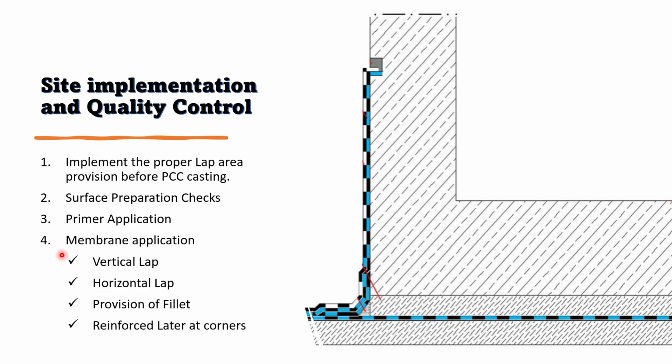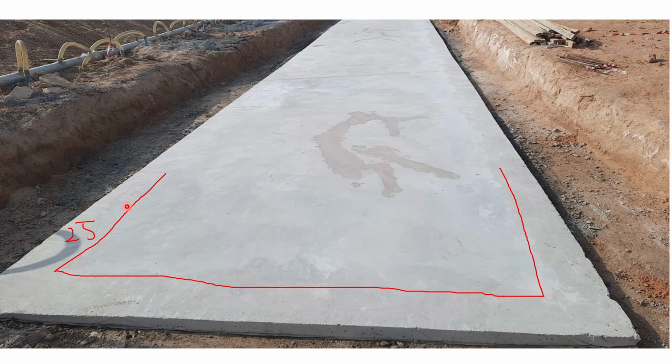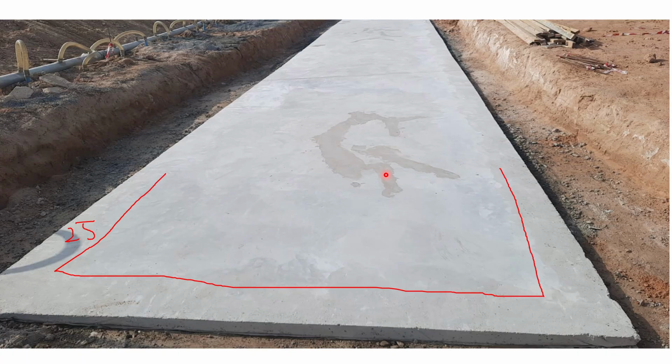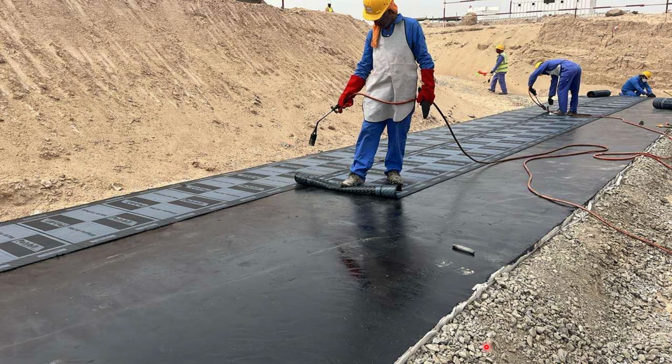Okay, go back. Next one is the surface preparation. Surface preparation, also for the same picture. This is the surface preparation we have to do for all the area, and make it clear from sharp edges, nails, and any reinforcement traces over there to avoid any puncture to the membrane. And the third point is the primer application. When we complete the surface preparation, we have to go for the primer application.